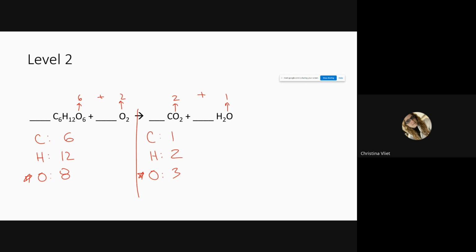So where do we start? I would start anywhere but oxygen. So top down, just to have a strategy. 1 to 6. What number do I need to put in front of CO2 to make that happen?